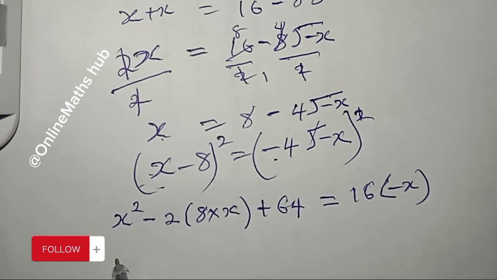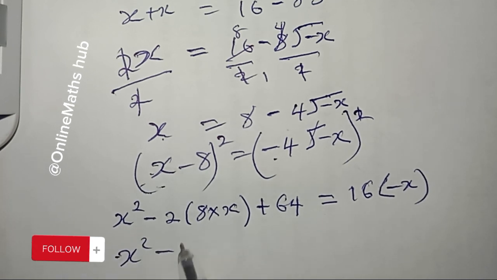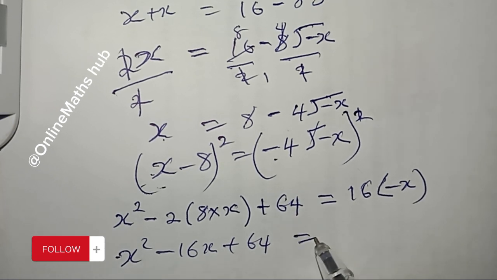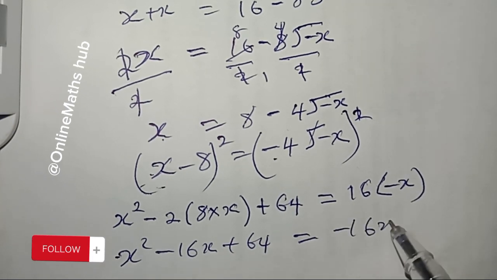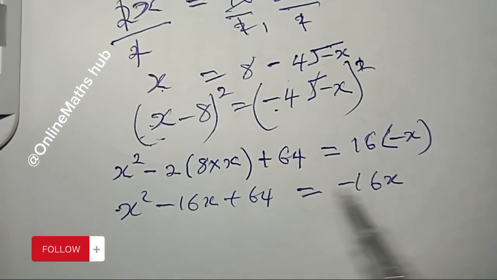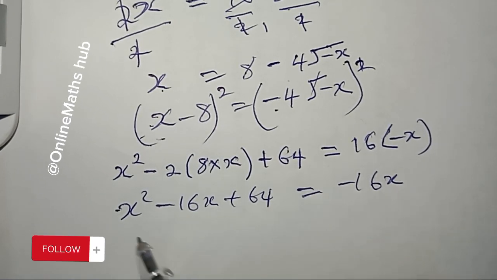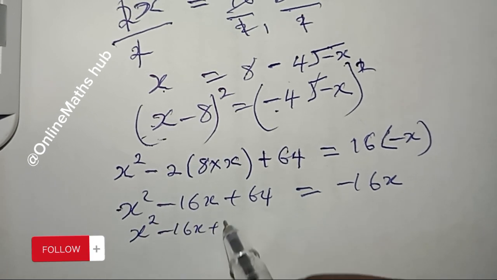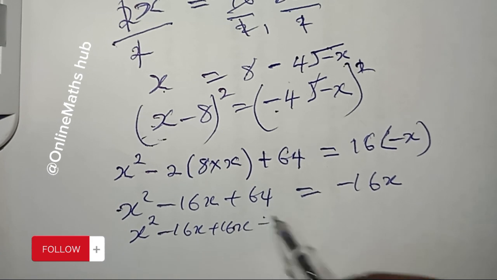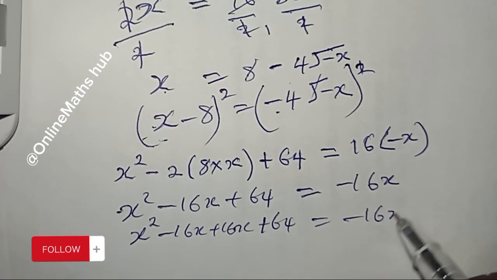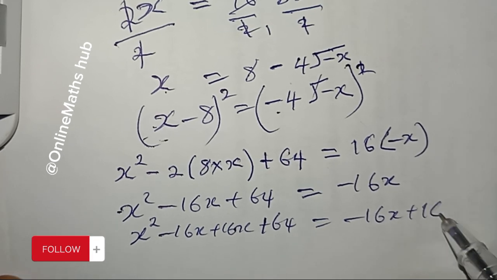And then on this side I have x squared minus 16x plus 64 is equal to minus 16x. At this point I can add 16x to both sides. So this is x squared minus 16x plus 16x, then plus 64 is equal to minus 16x plus 16x.